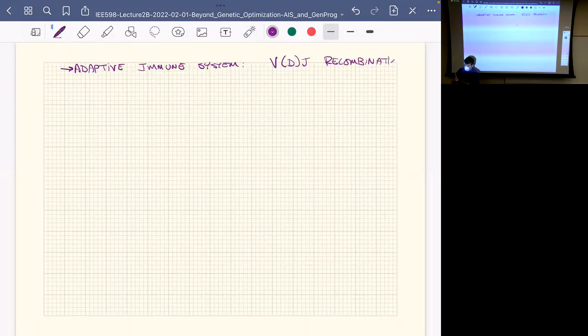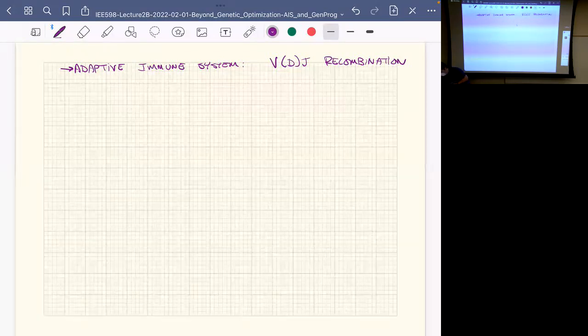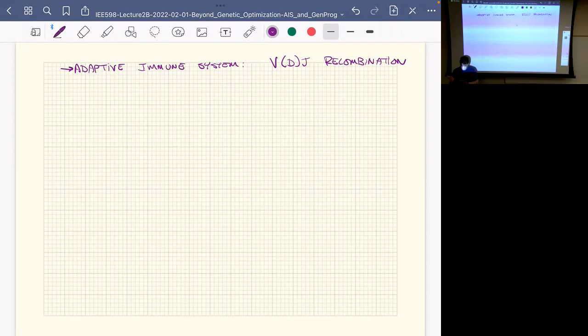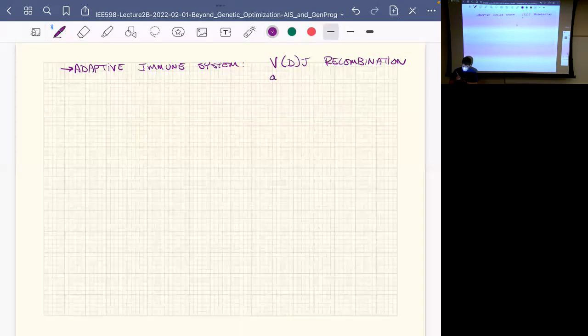And from a computer science perspective, it's pretty cool. VDJ stands for variable, diversity, joining. I'll just write this down this way, and maybe for space I'll say variable.